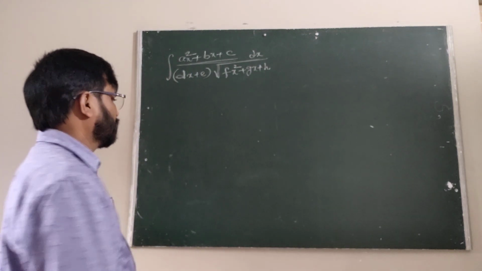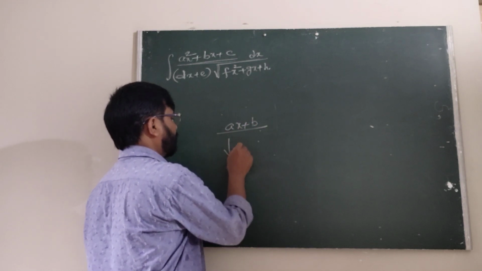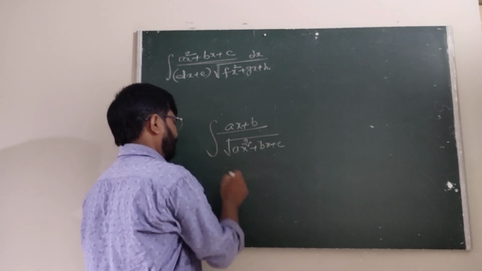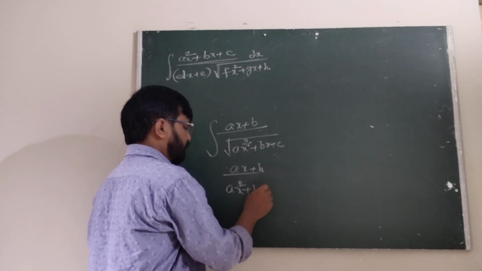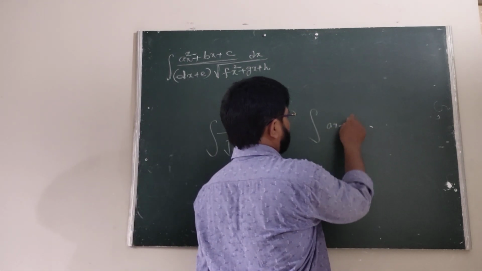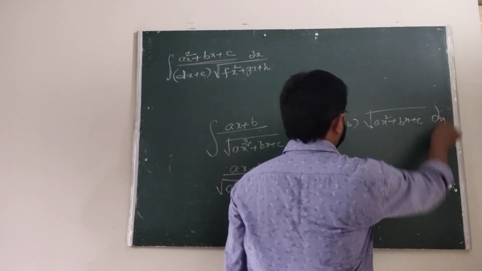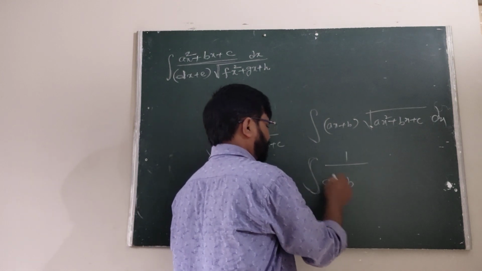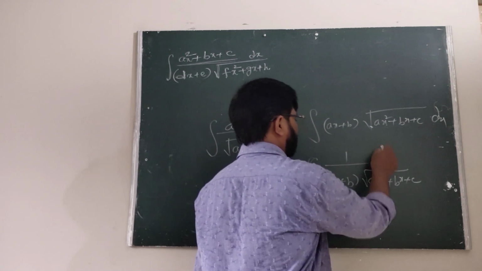We know the integral of (ax + b) upon under root of (ax² + bx + c), when it is irreducible. At the same time, the integral of (ax + b) into under root of (ax² + bx + c) dx, and the integral of 1 upon (ax + b) into under root of (ax² + bx + c) dx.